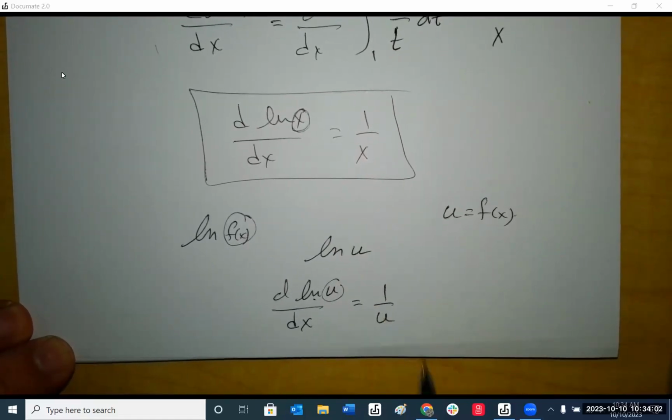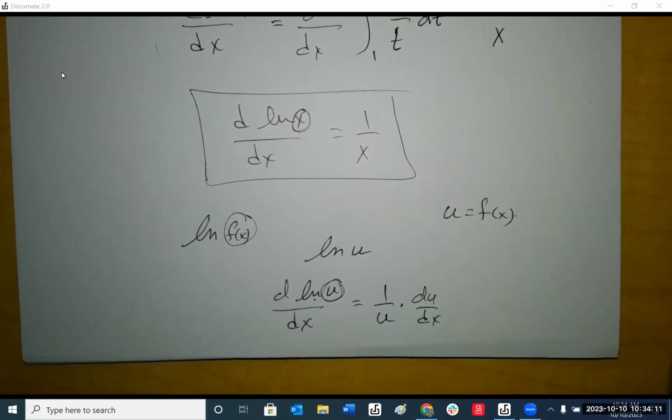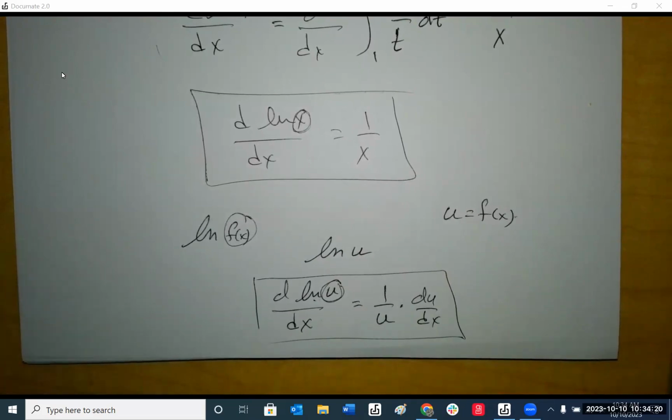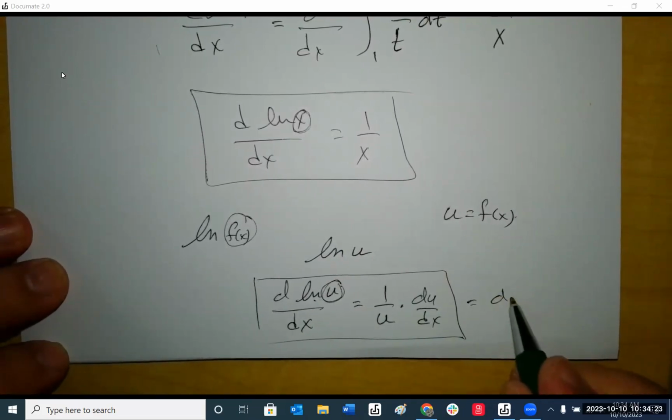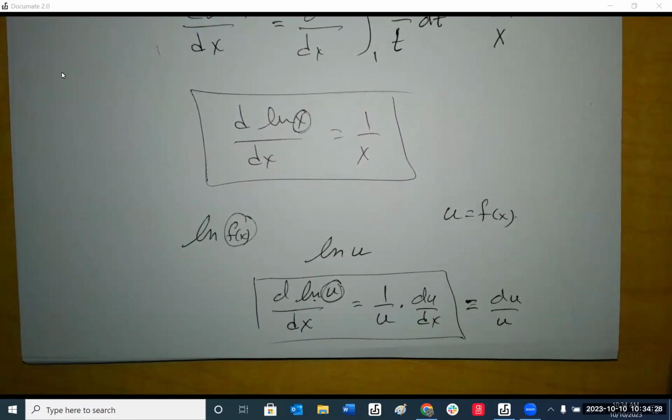So it's 1 over u times the derivative of that, which is du dx. So it equals du over u. For any general natural log, the derivative of the log is the derivative of the function over the whole thing.